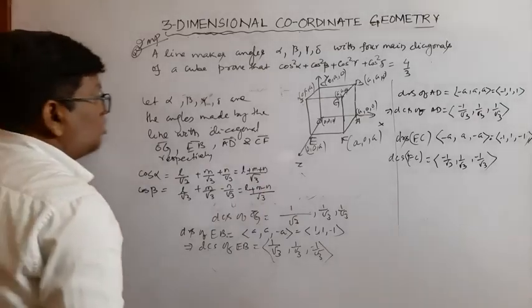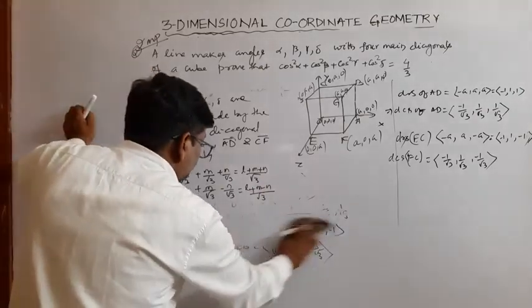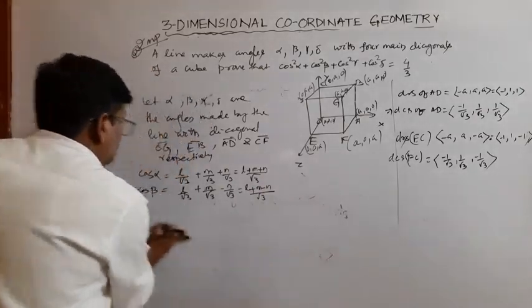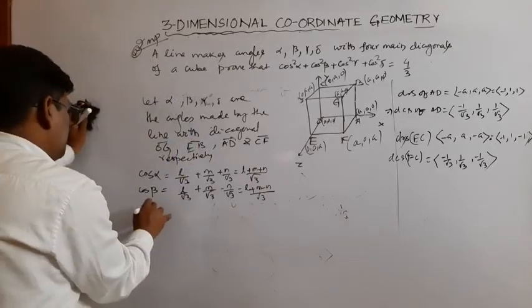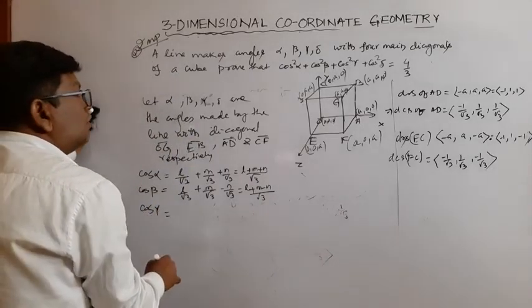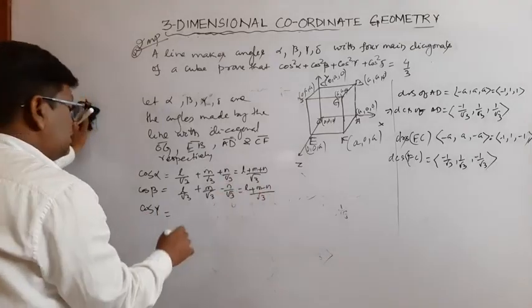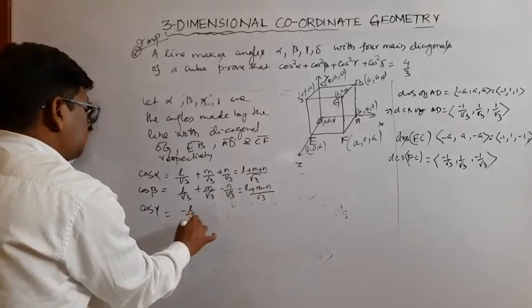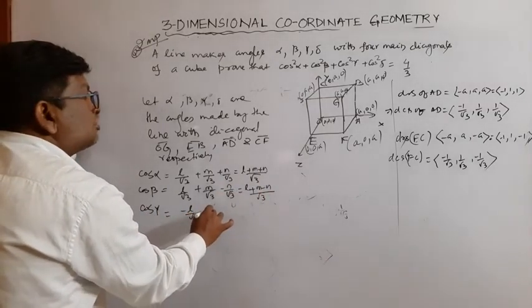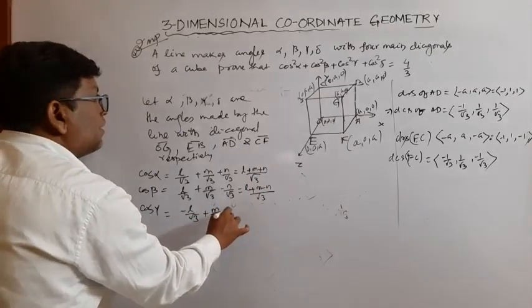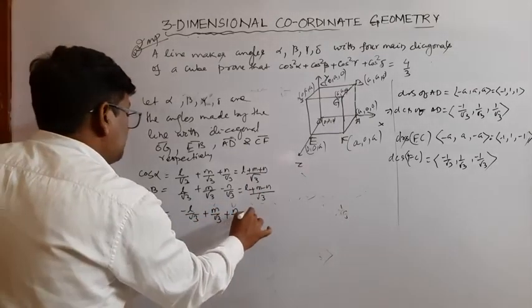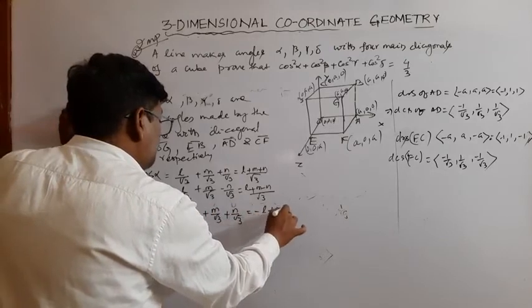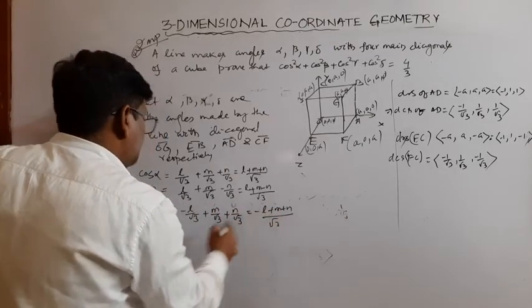Now cos gamma is equal to minus L by root 3 plus M by root 3 plus N by root 3, so minus L plus M plus N by root 3.